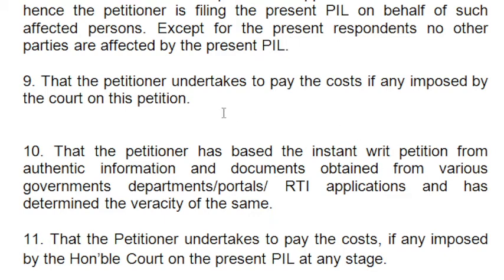Ninth point can be that the petitioner undertakes to pay costs, if any, imposed by the court. So basically the petitioner is saying that if there is any cost, then the petitioner is willing to pay.